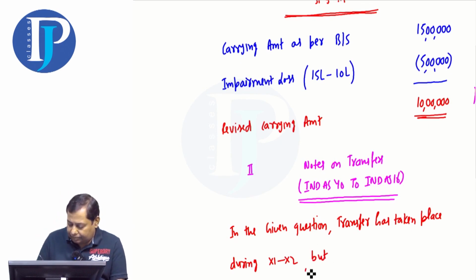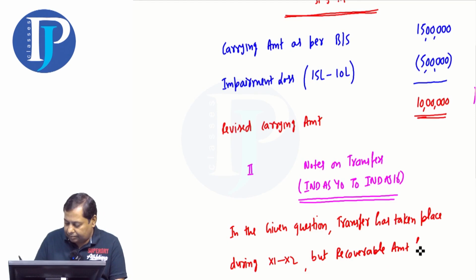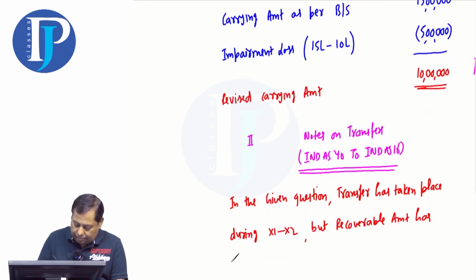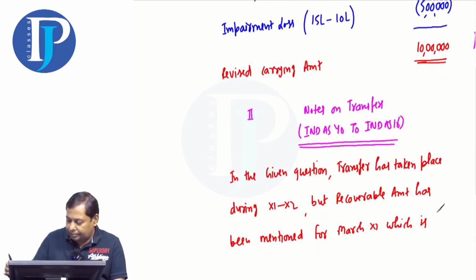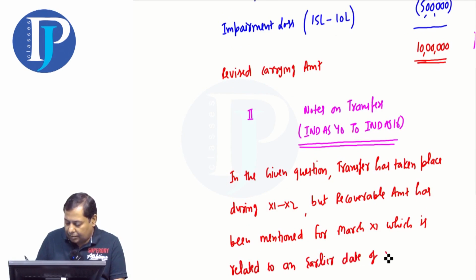But the recoverable amount has been mentioned for March X1, which is related to an earlier date of transfer.